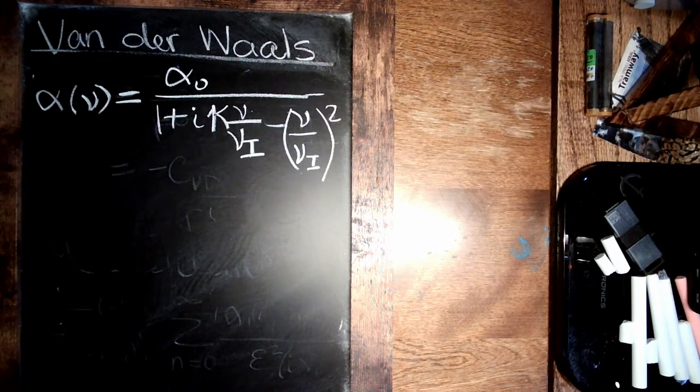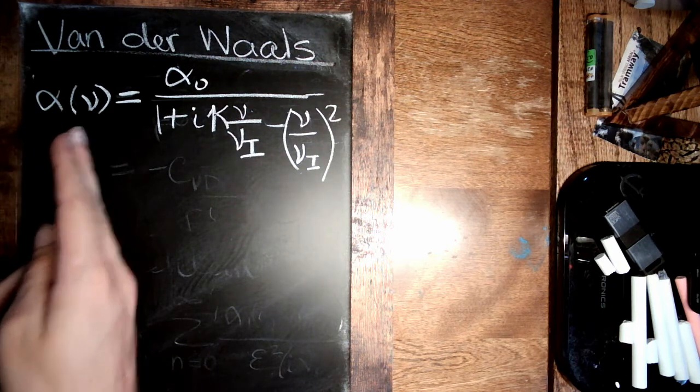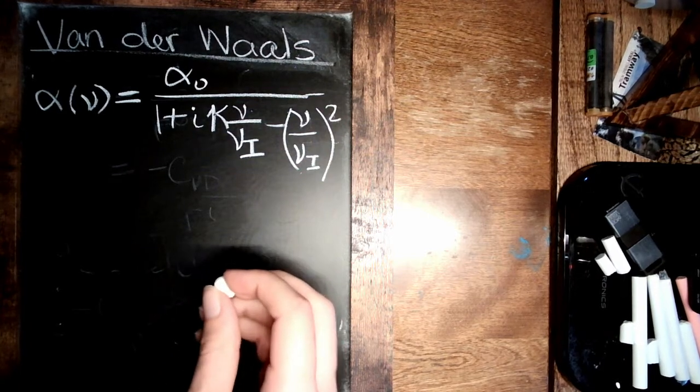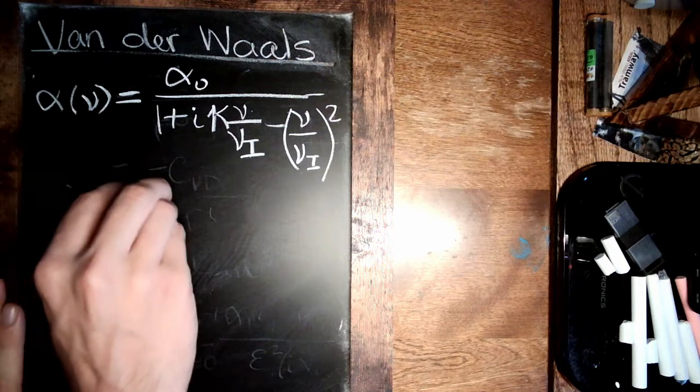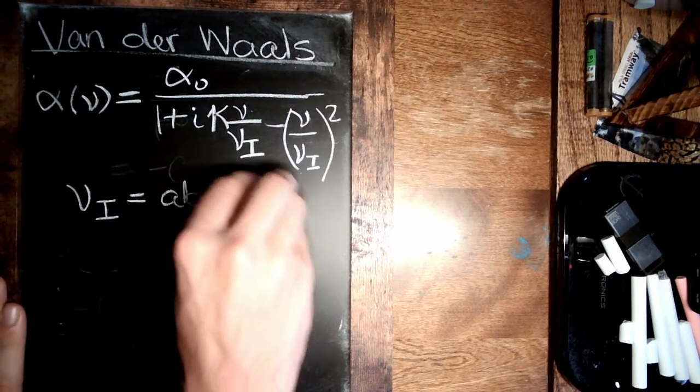So to unpack that McLachlan expression, the first thing we want to understand is how alpha, the polarizability, is a function of the frequency nu, which is the frequency in this case that the system is absorbing energy from the environment. So that's what nu i is in this equation. This is the absorption frequency of the atom.